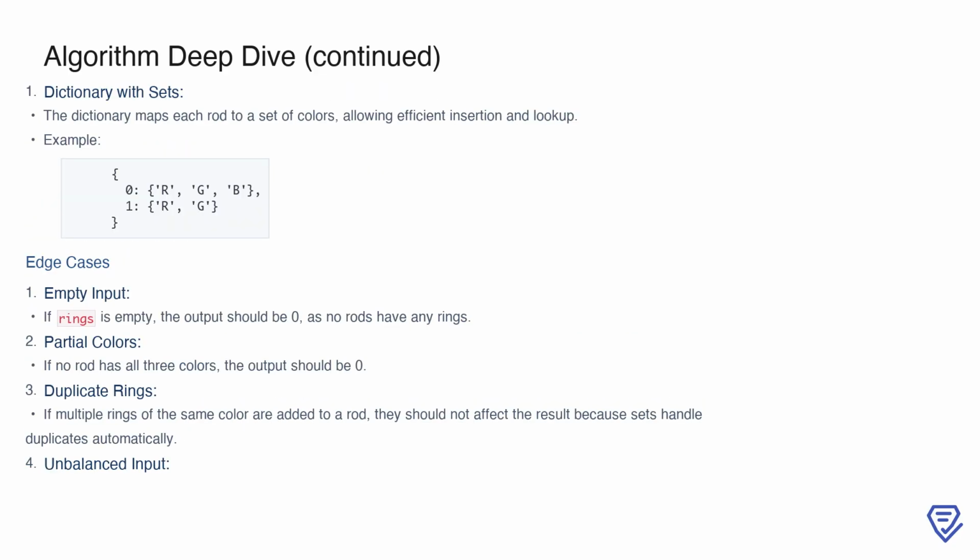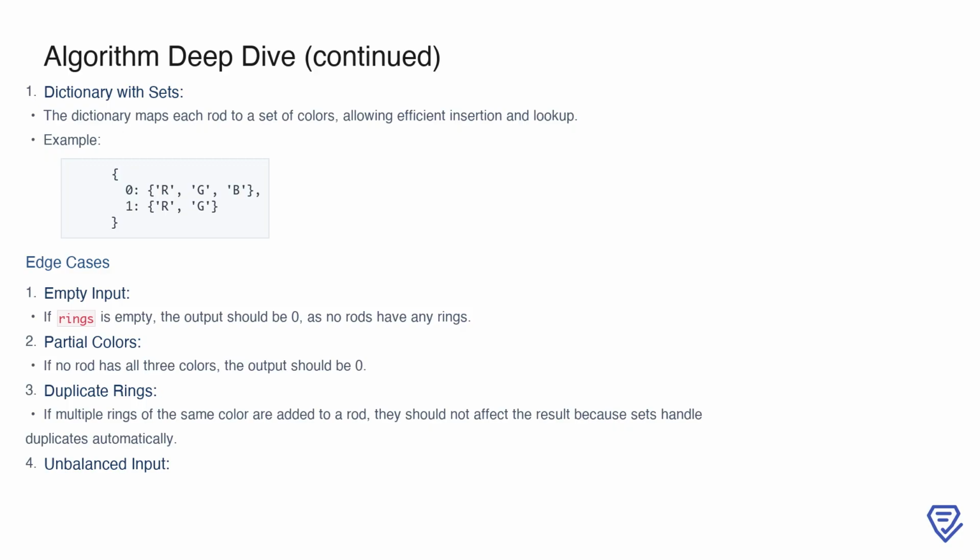The efficiency of this solution stems from the choice of data structures and its handling of edge cases. Using a dictionary that maps rods to sets of colors allows us to efficiently insert and check for unique colors. For example, a dictionary might look like this: 0: R, G, B; 1: R, G. As for edge cases, if the input string is empty, the output is 0 since no rods have any rings.